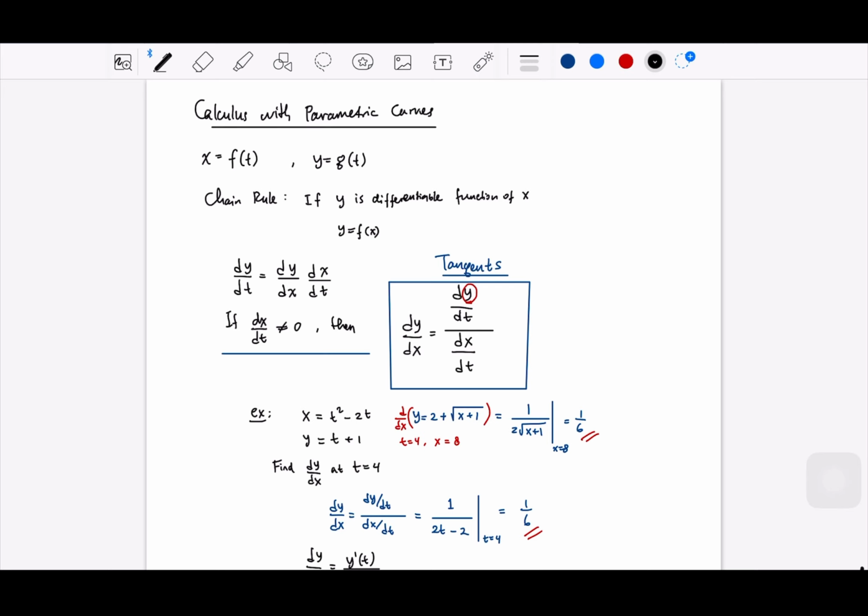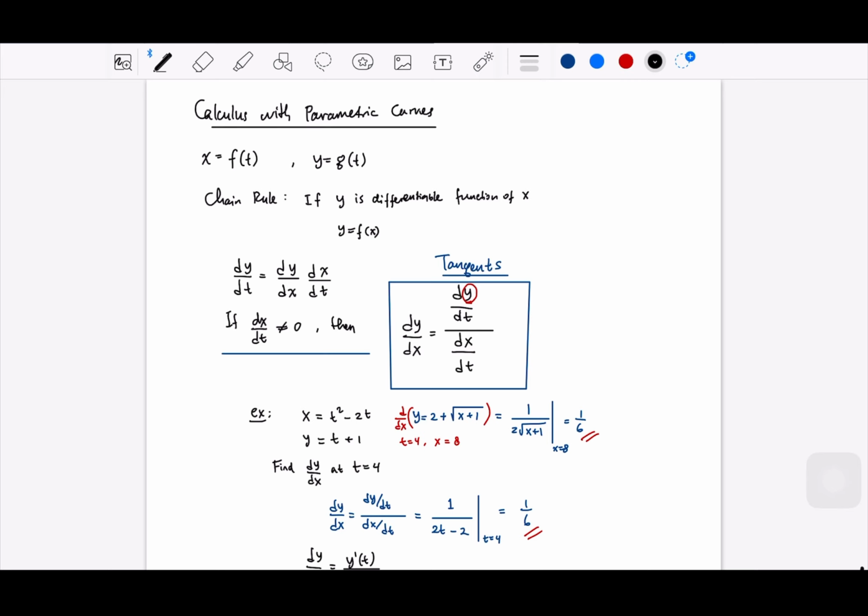So the parametric is basically just adding an additional variable. We have x, y as our usual Cartesian, and we add another variable which we call the parameter, or t. The symbol is t.